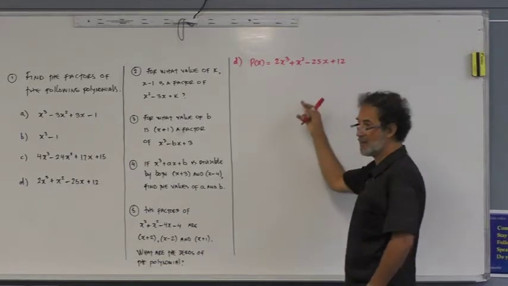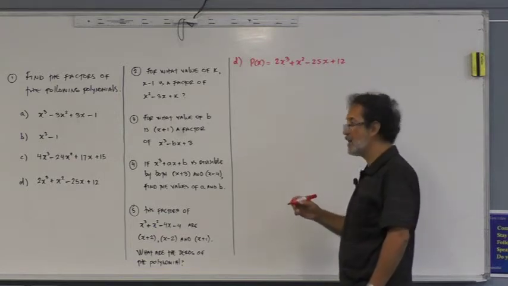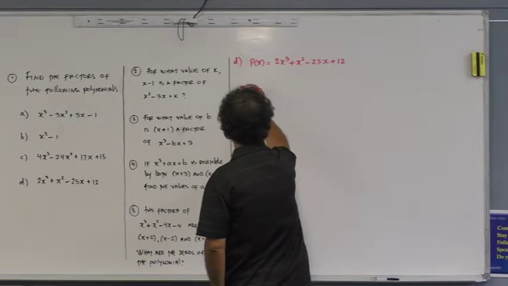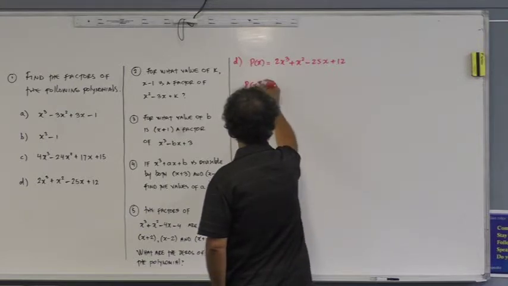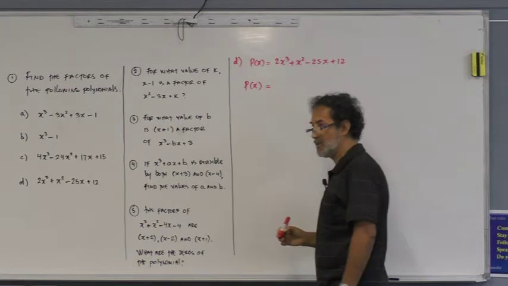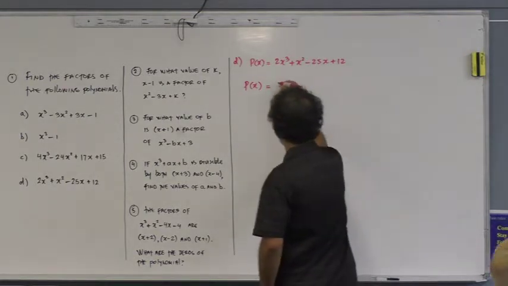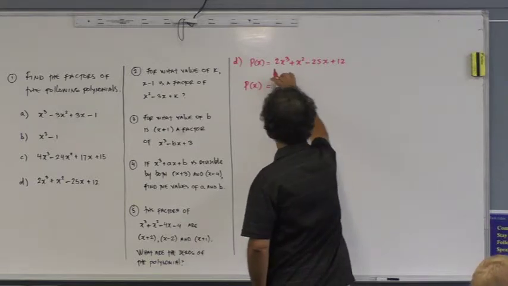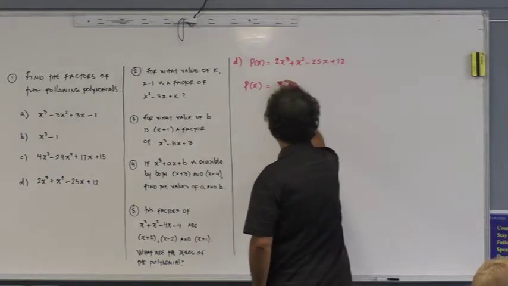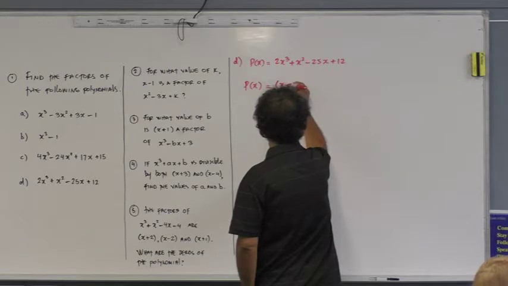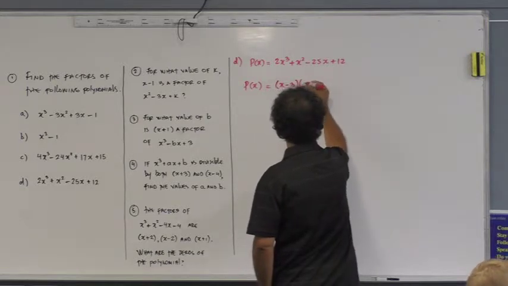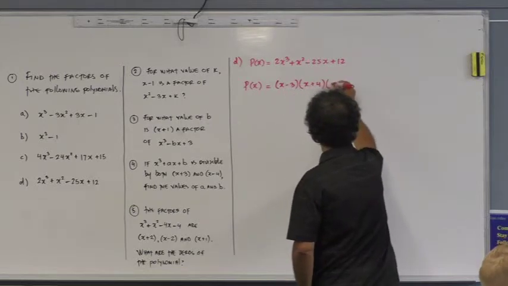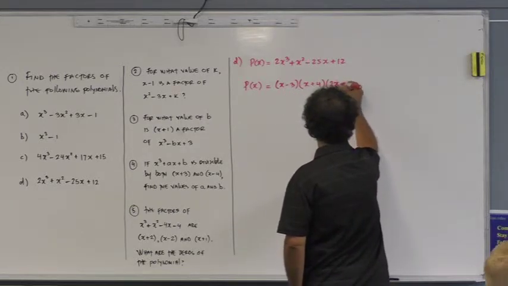Okay, so now we're going to write down the answer. After all your hard work, P of X in factor form is equal to, bracket X minus 3, and bracket X plus 4, and bracket 2X minus 1.